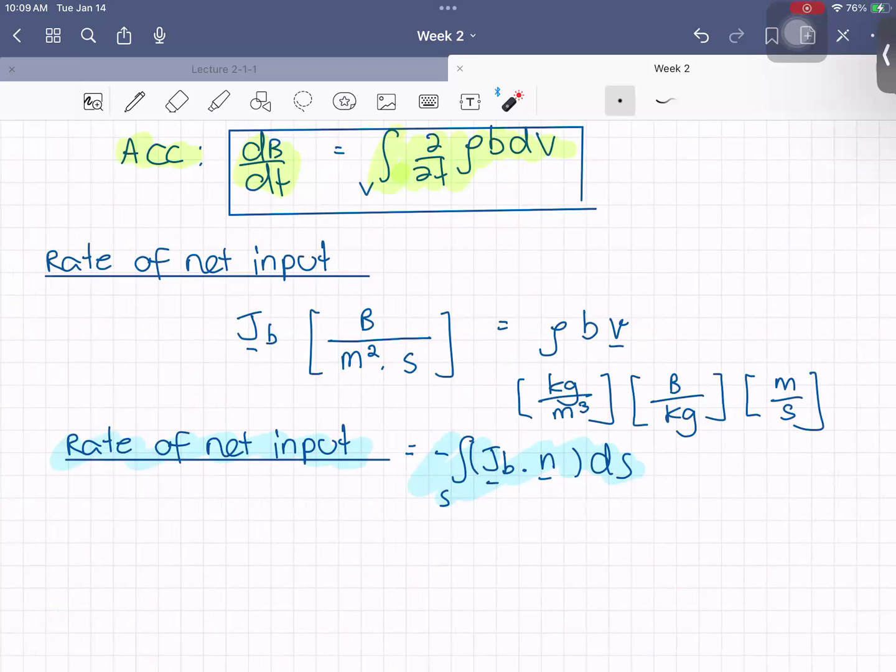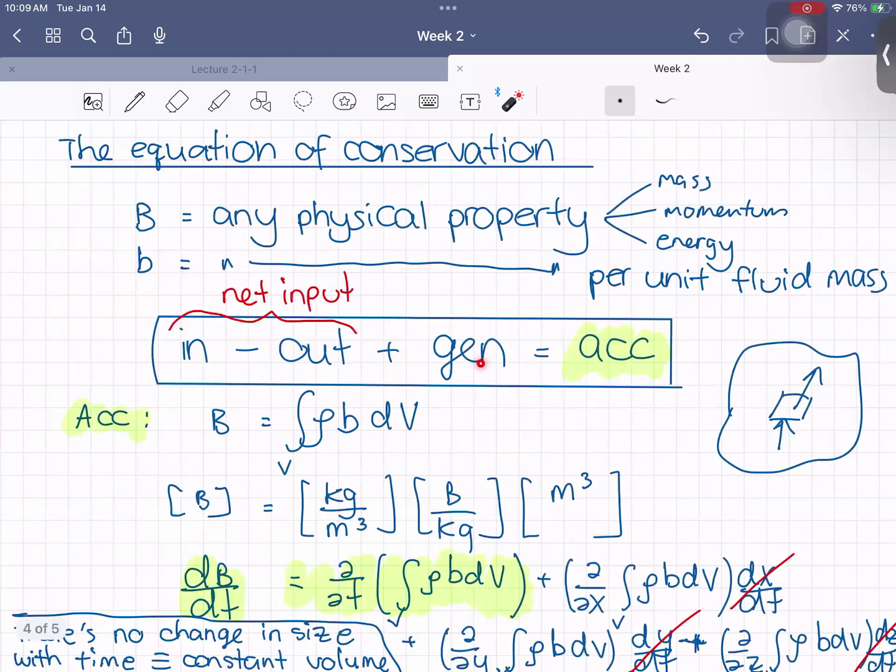Right now we have dV for the accumulation term, as a whole volume, but for the net input we have the area. They are not at the same baseline yet, so we need to change this dS into dV so that we can put it into this equation.